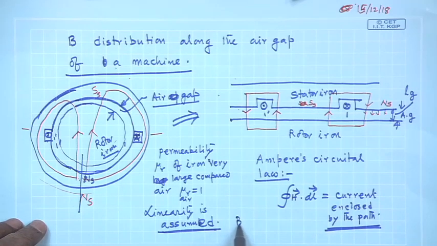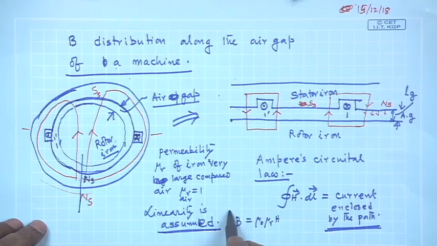And B and H are related by B equals mu 0 mu r into H. This is the thing.